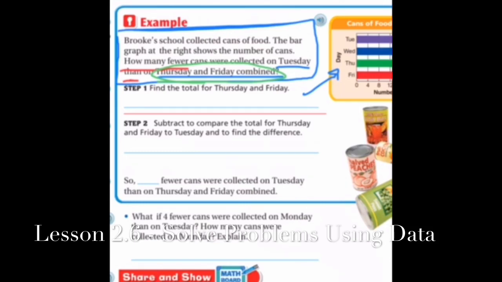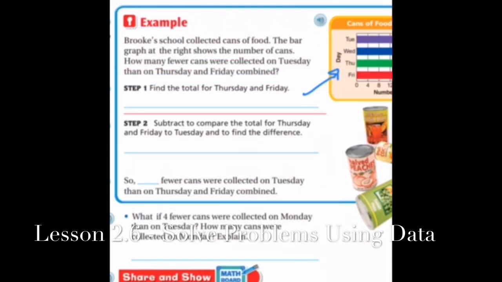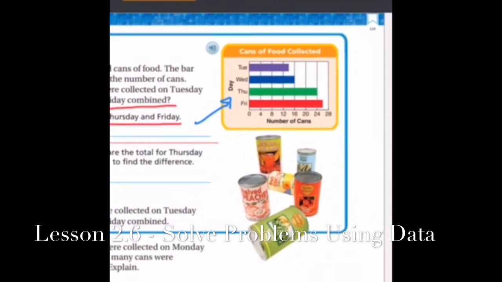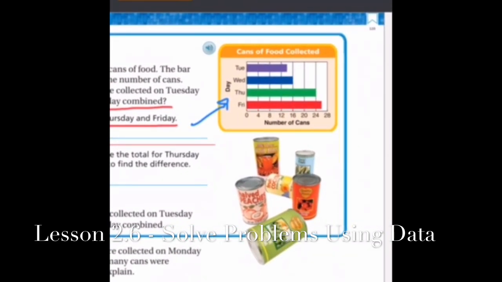Let me erase some of this, clear it up a little bit. Step 1, just as I mentioned, find the total for Thursday and Friday combined. So we have to look over here at our horizontal bar graph. Here's Thursday, ending right here. To change color for Friday, ending right here.